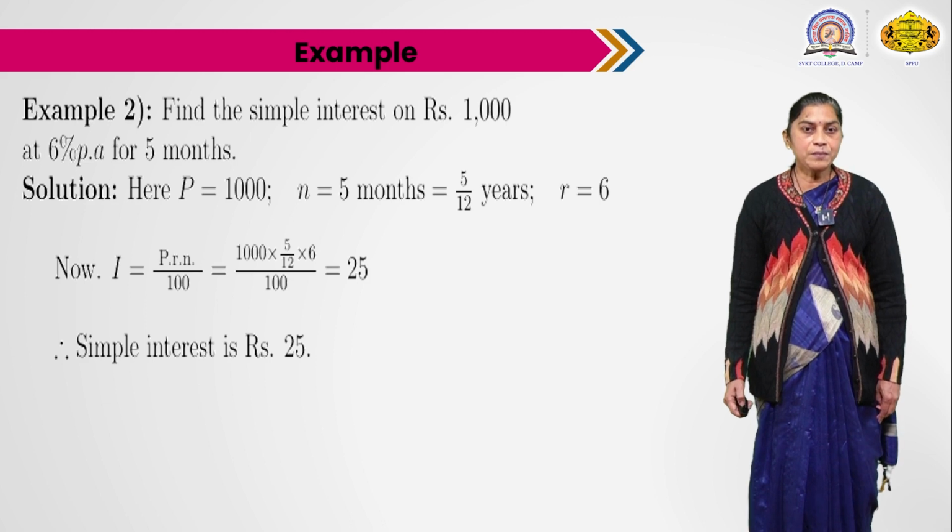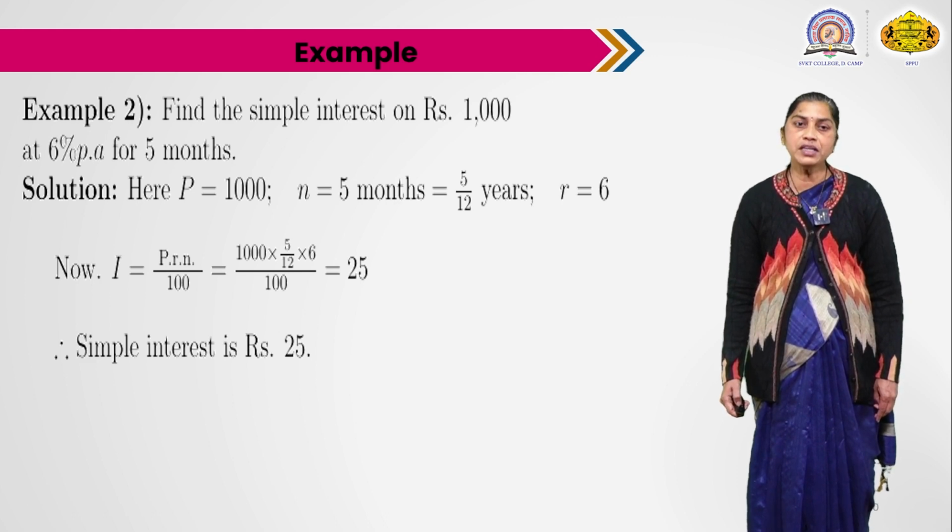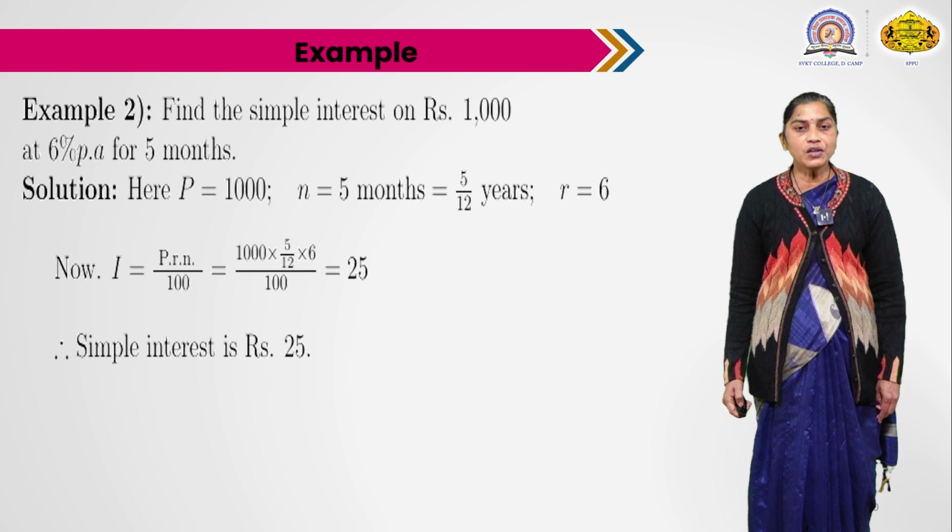See the next example. Find the simple interest on rupees 1000 at 6% per annum for 5 months. Now see in this example, N, that is term, is given in months, but we know that N should be in years. So firstly, convert months into years. 1 year is equal to 12 months, and therefore N, which is 5 months, becomes 5 by 12 years.